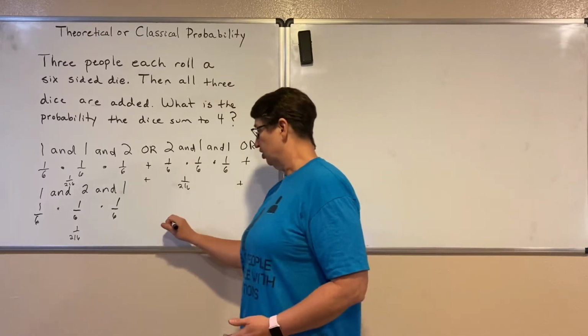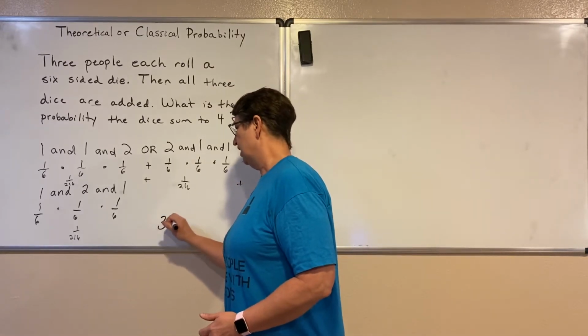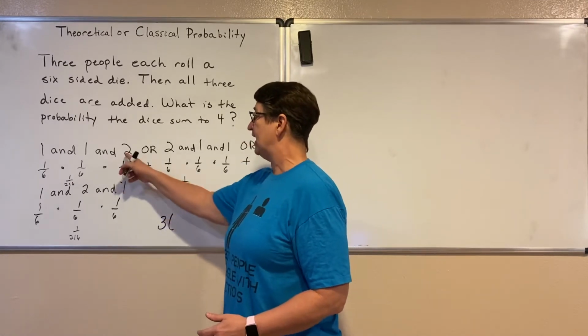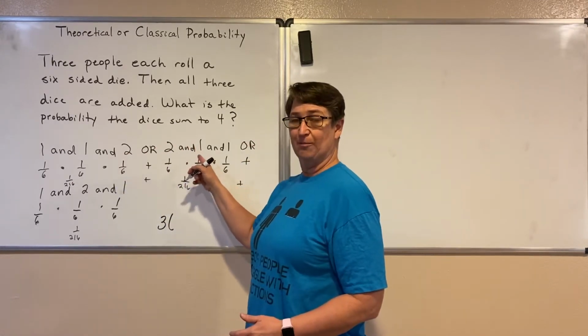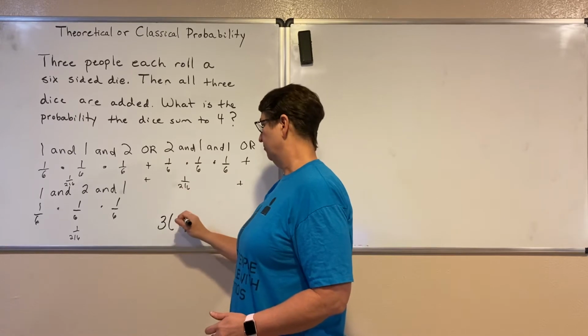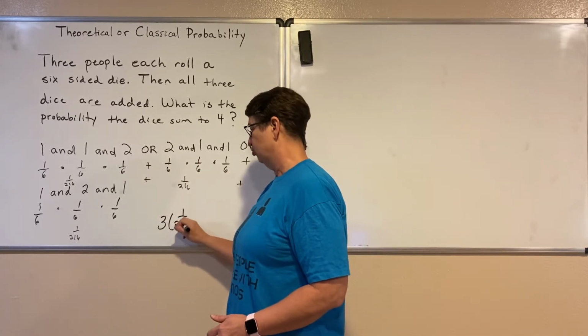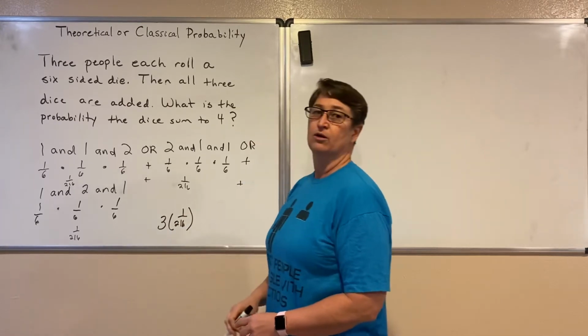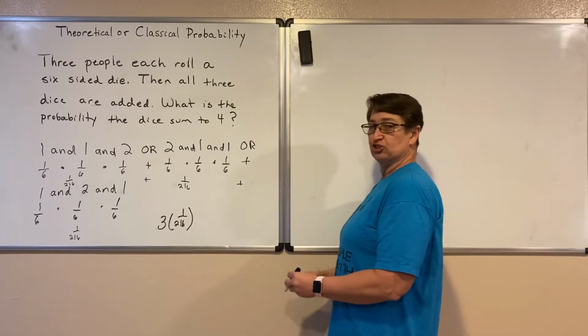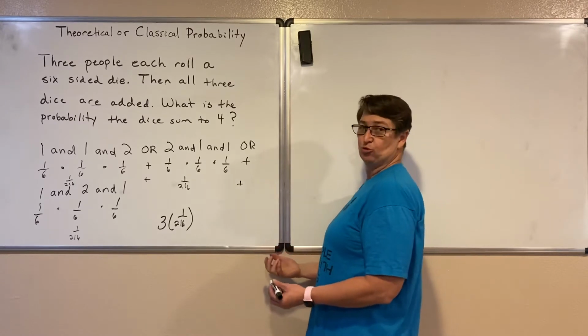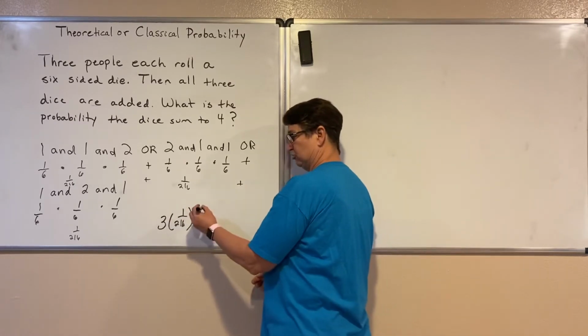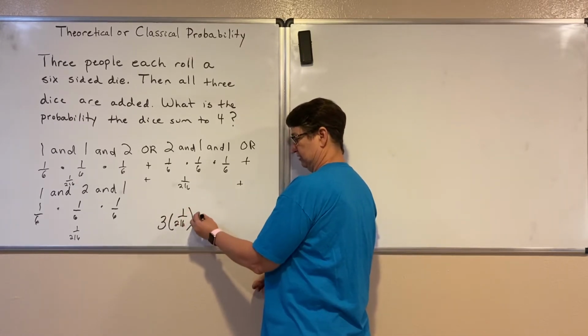Or we could simply say, let's just multiply it. There are 3 different ways to come about this problem. And we know the probability for each one of them is 1 out of 216. So we could just multiply 3 times 1/216. Now remember, we just multiply straight across, so you get 3 out of 216.